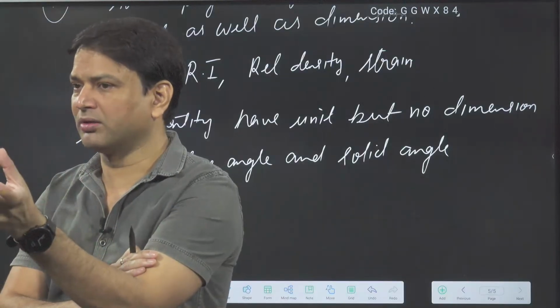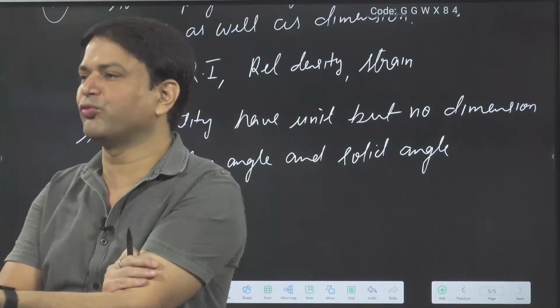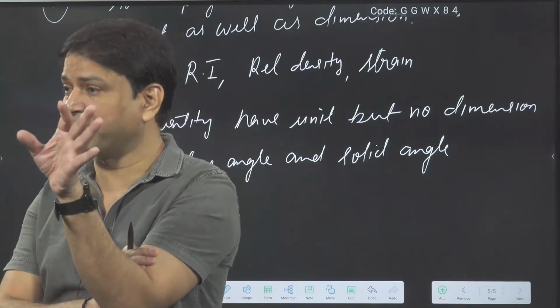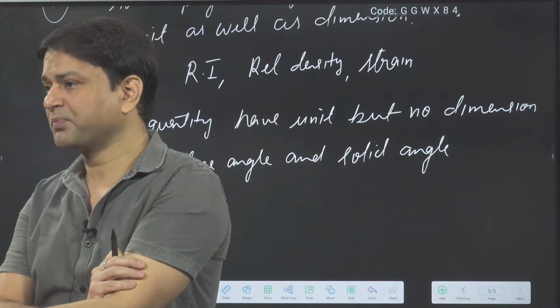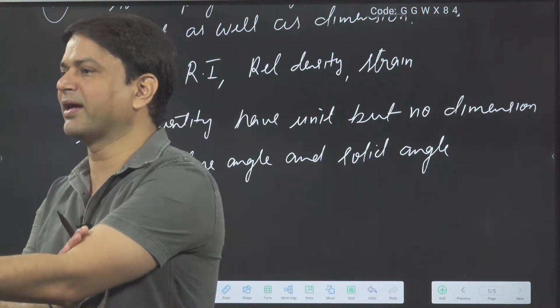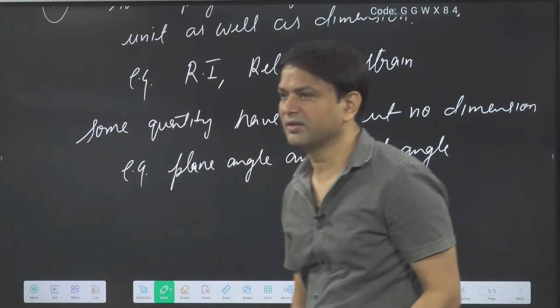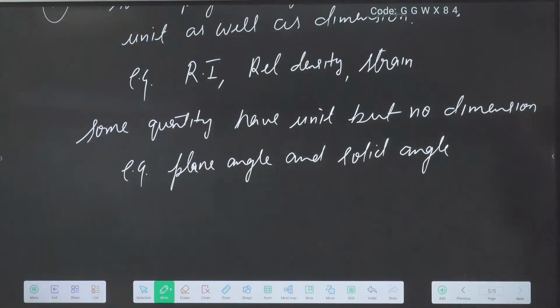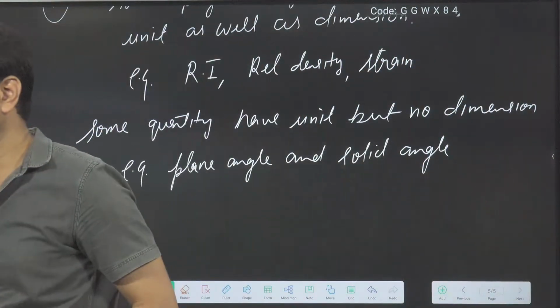Then M is mass, kg, A is ampere. Definitely you will get the unit. So there is no example where the dimension is there, unit is not there. If a dimension is there, I can write it in terms of units, like ML^-2, so I can say kg per meter square. Everybody getting or not? So there is no example that it has dimension but no unit. Everybody got?